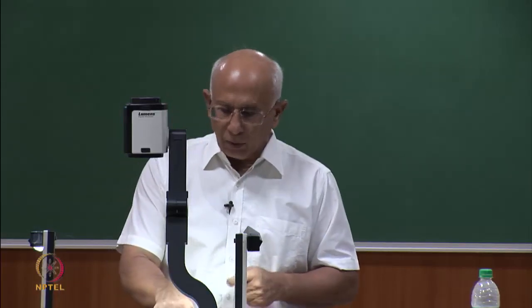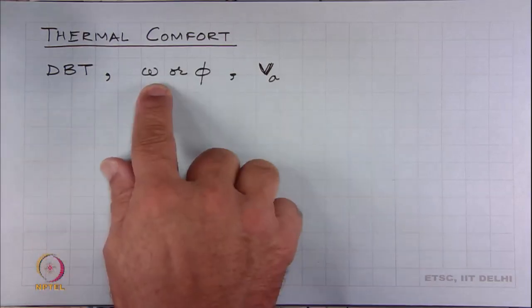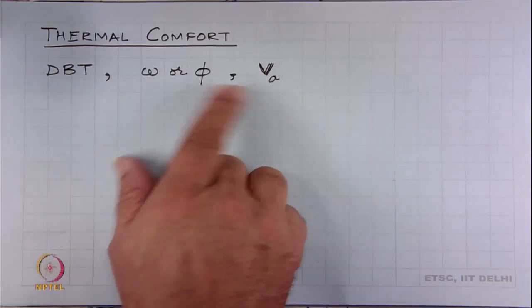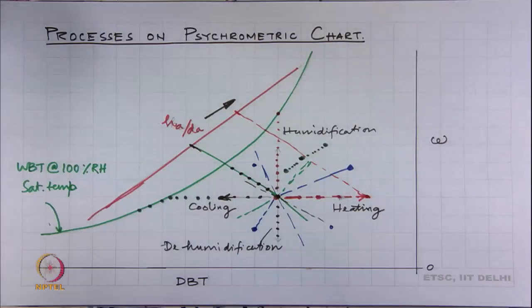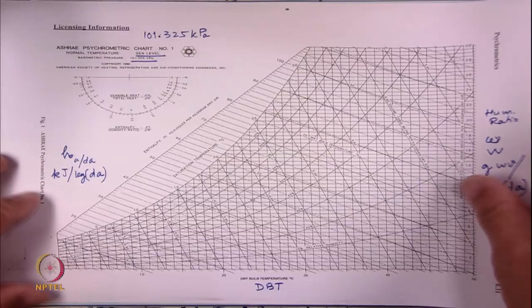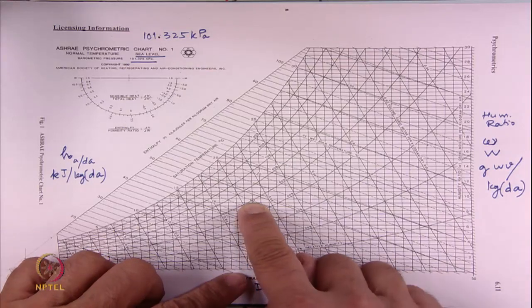We say that what quantifies thermal comfort is the DBT and omega, or relative humidity, and the air velocity. In comfort charts, and we can see this on the psychrometric chart, the ideal condition is given by this little dot, which is 25 degrees Celsius and 50% humidity.